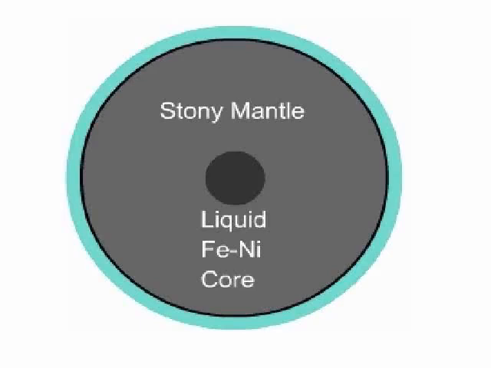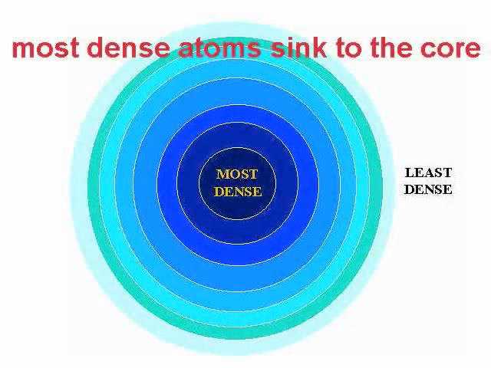Second, the lighter, less dense atoms and molecules formed minerals and other rocks at the surface, which we call the Earth's mantle. In other words, it is during this early differentiation that heavier atoms sink to the core and lighter atoms stay near the surface.